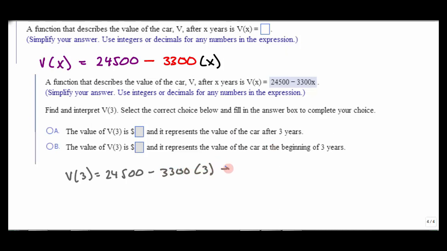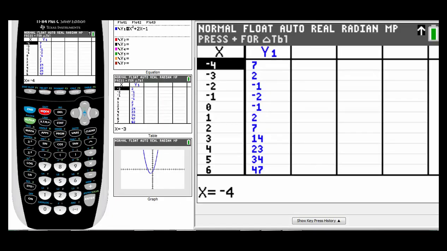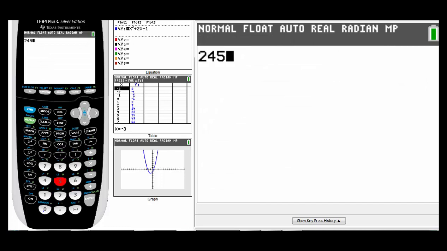So this expression is the value of the car in 3 years. So to figure this one out, we take 24,500 minus 3,300 times 3.